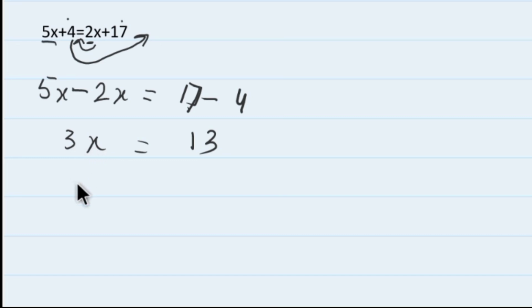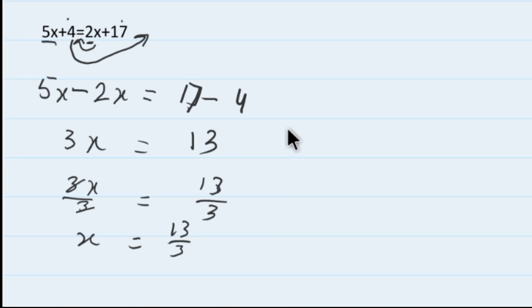So in this example, what is the coefficient of the unknown? Since our unknown value or variable is x, its coefficient is 3. So we will divide both sides of the equation by the coefficient of the unknown, that is 3. So 3 and 3 will cancel out, and we are left with x on the left hand side. So x is 13 over 3, which is the solution to our equation.